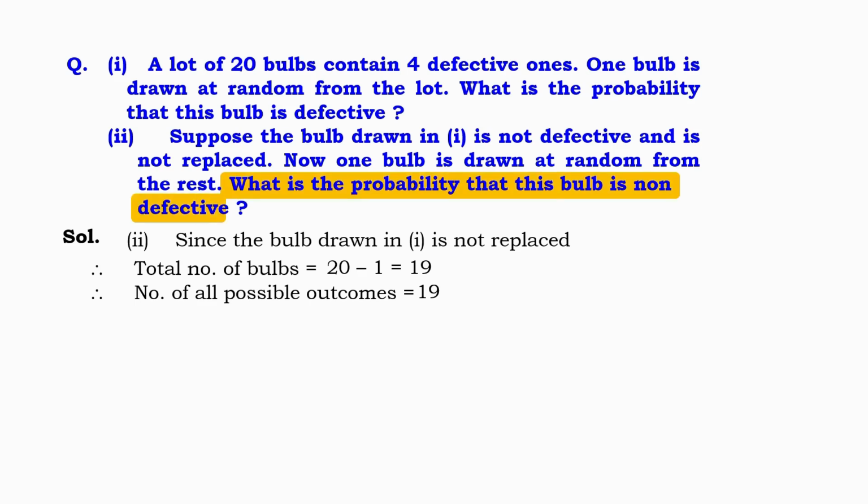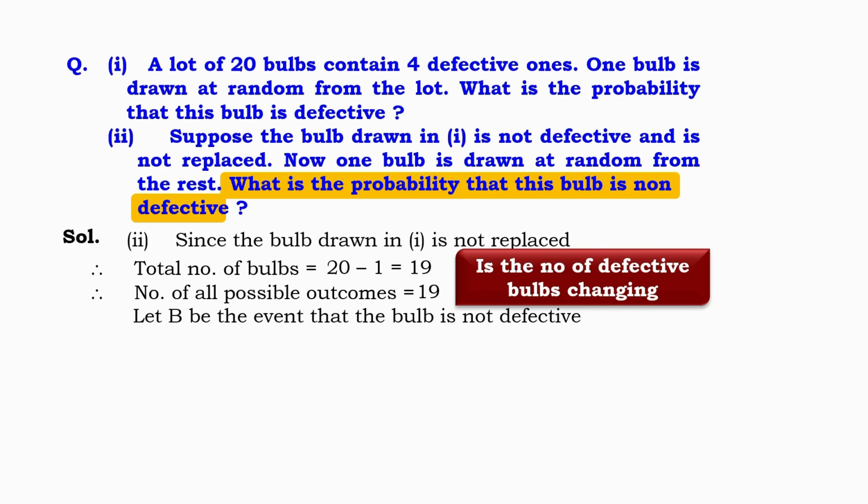Now what is the probability that this bulb is not defective? So let B be the event that the bulb is not defective. Is the number of defective bulbs changing over here? Since they have asked us to consider that whatever they picked in part 1 is not a defective one, the number of defective bulbs is not changing.